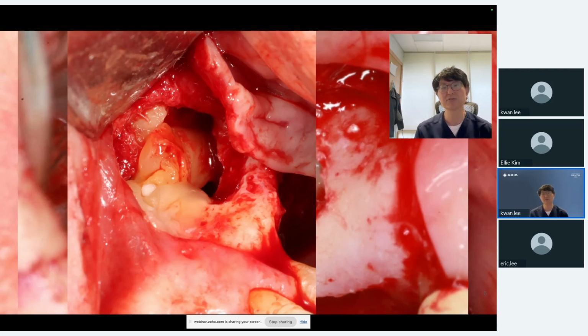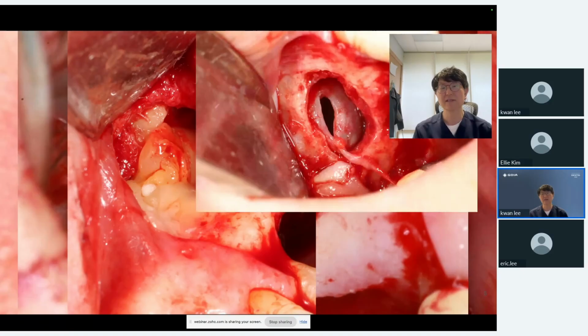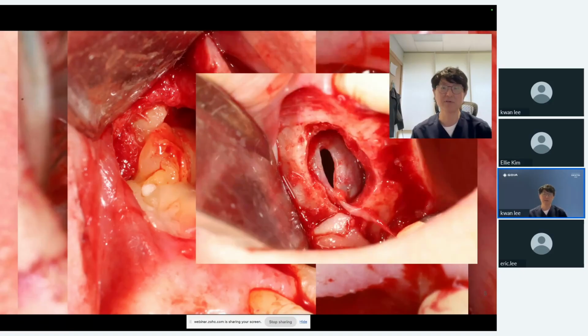Once you elevate that area, the outcomes are very, very stable. One benefit of the lateral sinus approach is that it allows you to troubleshoot. If a patient has sinus pathology, it allows you to remove it. And if you have a sinus perforation during the procedure, it allows you to repair it.